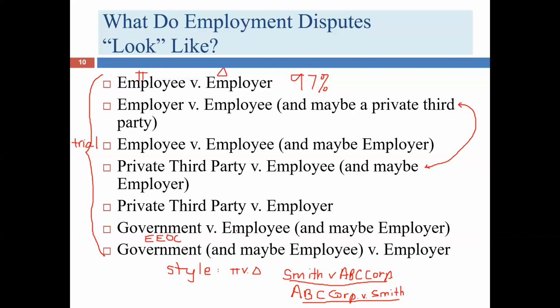In that situation, the government could sue or could prosecute the employee, but also whomever the employee's company is. So there's lots of scenarios, but certainly the most common would be this one by far. This one's a fairly common one, and probably those are the two main ones that merit most of our attention.